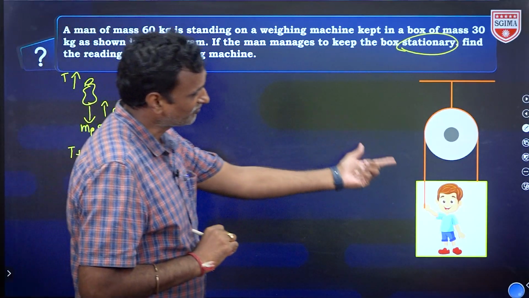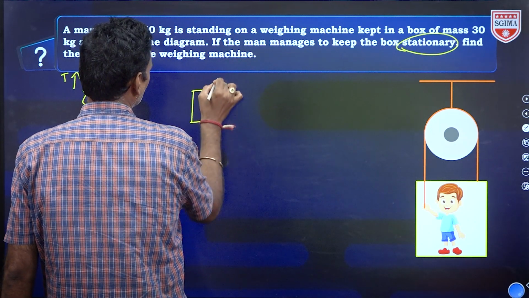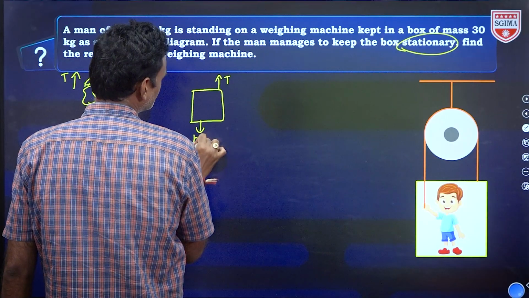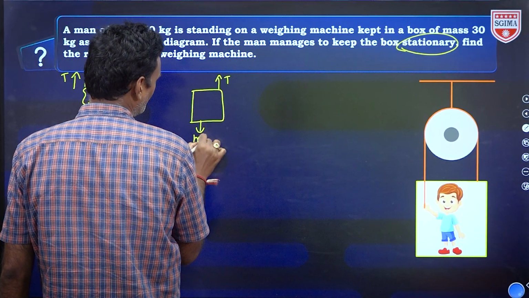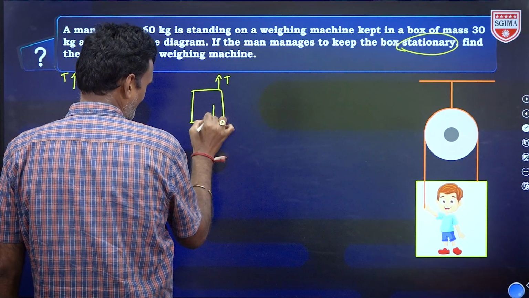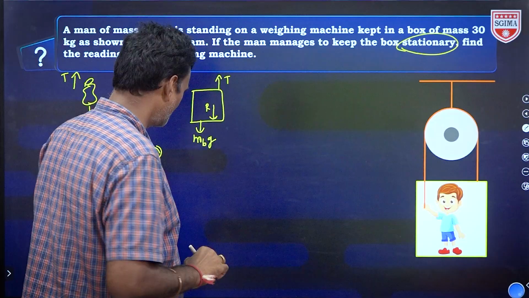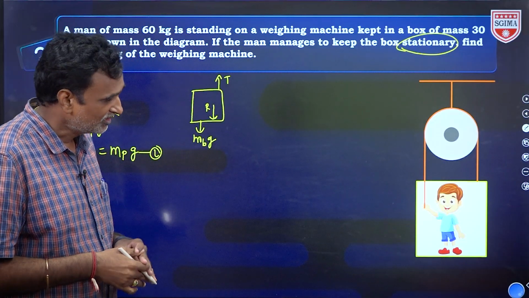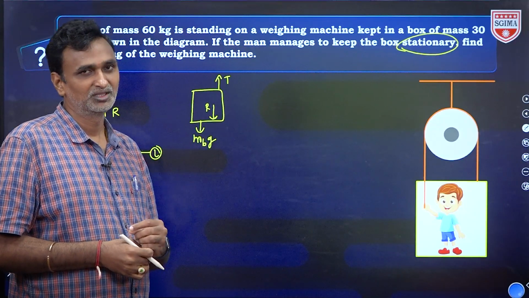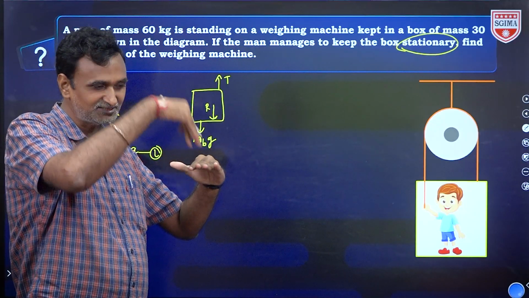Next, for the box we can solve like this. For the box, tension T, and the box mass will give the weight force, so MB g downward, and the reaction force on the box will be R downward. The important point here is that the reaction force between person and box is the same, but with respect to the person it is upward, and with respect to the box it is downward.